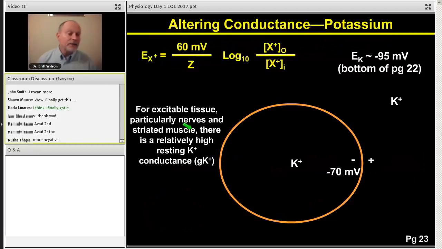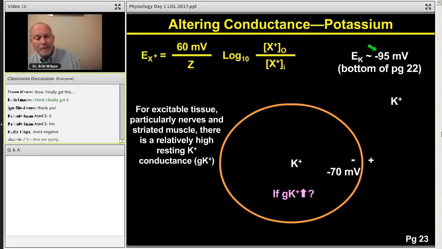All right, now let's alter the conductance of potassium. We're going to start at minus 70. Here's equilibrium. If I increase potassium conductance, you tell me what's going to happen. Depolarize or hyperpolarize? It's going to hyperpolarize. You got it. Because what number is the cell going to go toward?